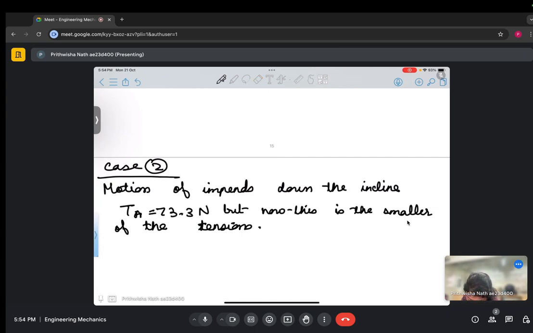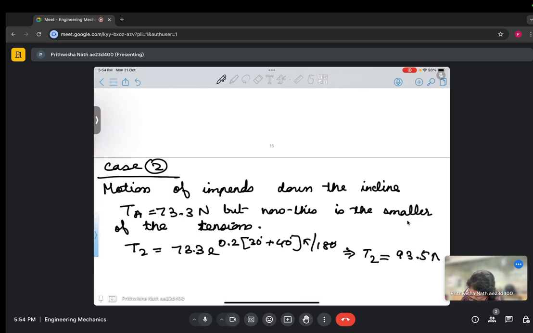So now I need to calculate T2, so T2 has to be found out. 73.3 e^(0.2 × (30 plus 40 into pi divided by 180) degree). So by doing this we get T2 as 93.5 newtons.